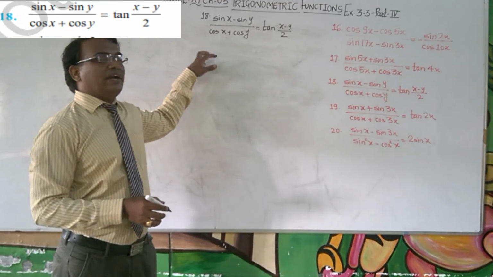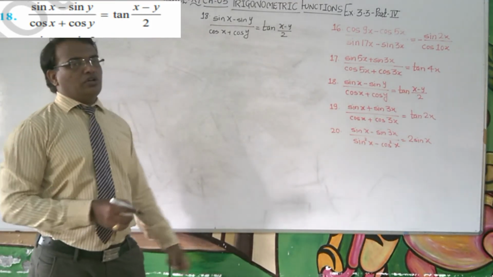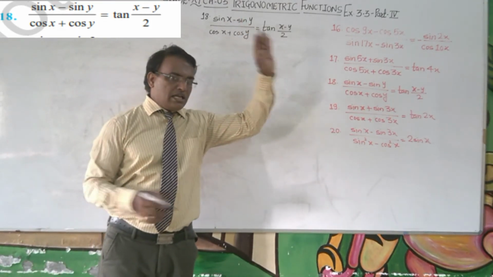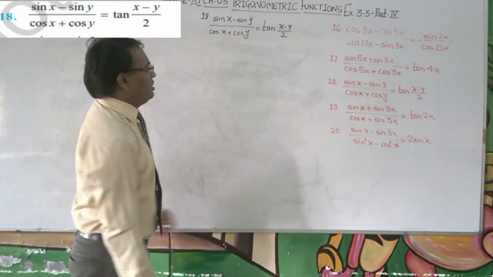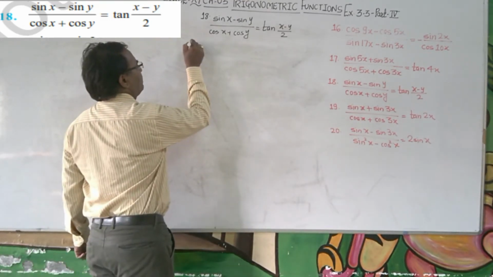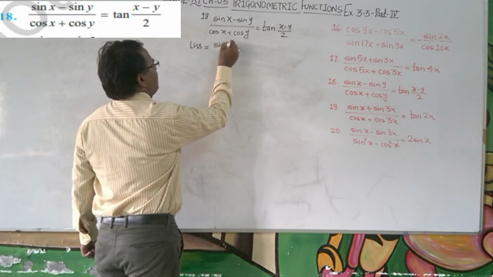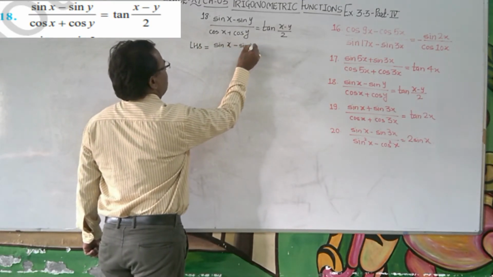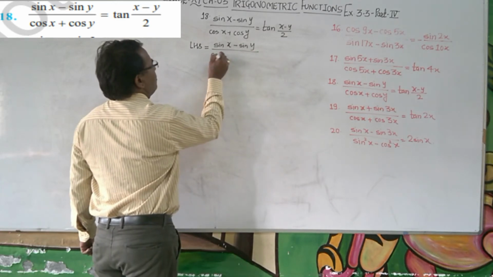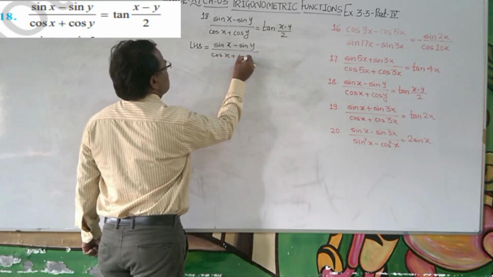So again, try to identify which formula we are going to use. The formulas are in front of you. First of all we will write down the LHS, that is sin x minus sin y upon cos x plus cos y.